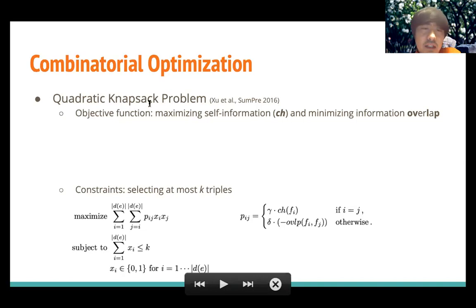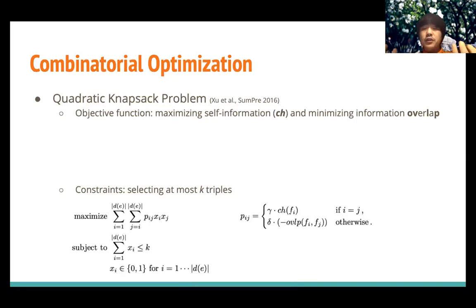This quadratic knapsack. So let's review what is knapsack. Knapsack is actually a bag. You have a bag which has a capacity, and you want to select as many items as possible and put them in the bag. Well, but clearly an item has a weight. The total weight of the selected items can't exceed the capacity of the knapsack, right? This is a constraint.